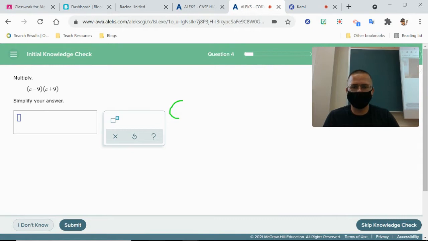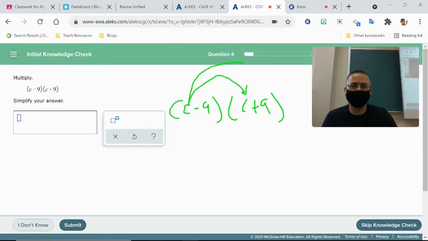So c minus 9. I'm using my mouse, so it's going to be ugly. Times c plus 9. So you've got to multiply. This is just the distributive property. So you do c times c, and then c times 9. For the first number, that's going to take care of this. This is binomial multiplication.